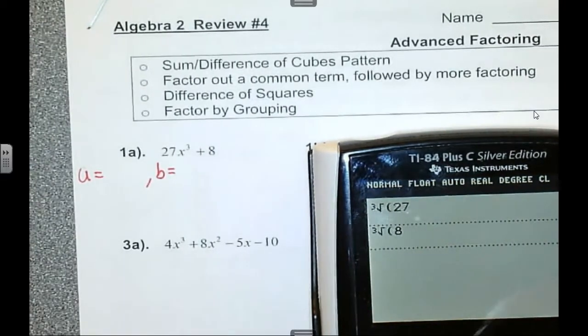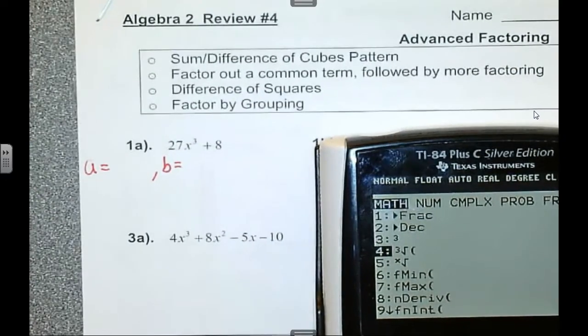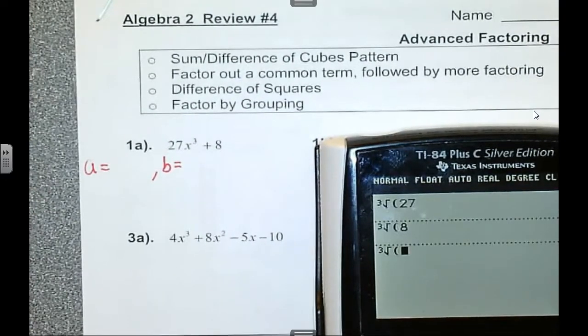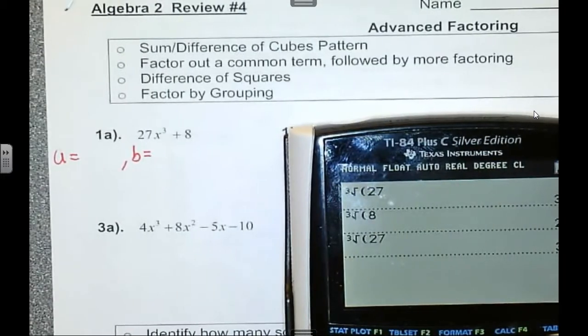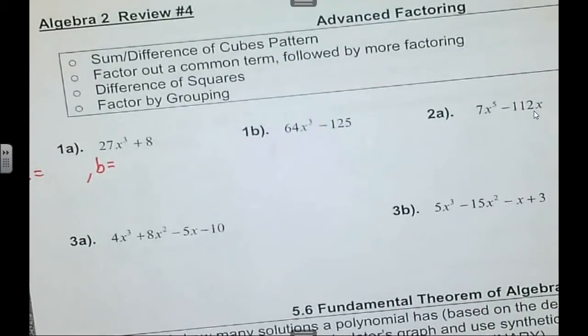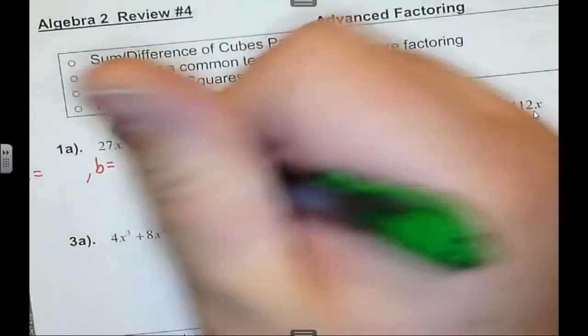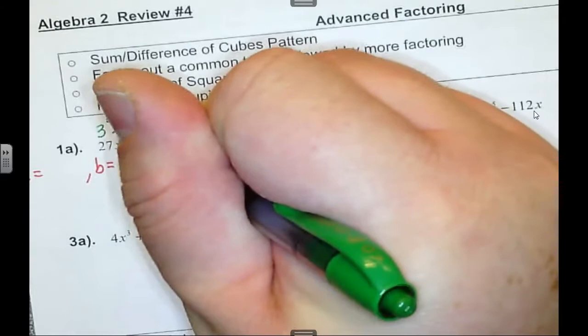Let's see, it's the math button, and here's my cube root, number 4. So cube root of 27, enter, is 3. So 27, my friends, is 3 cubed. I have x cubed.